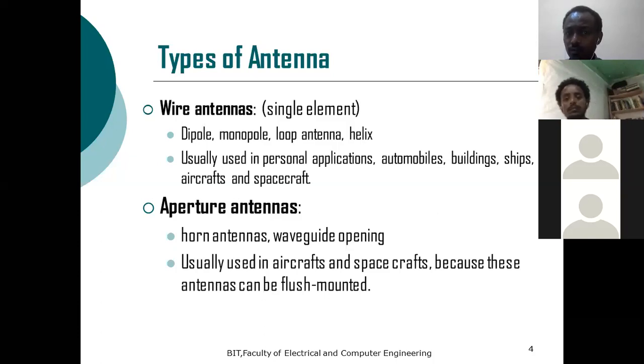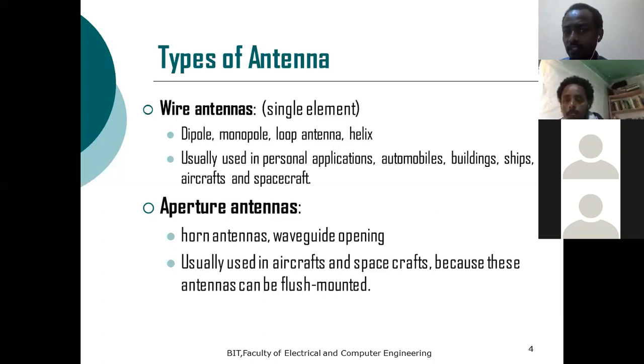Let's use the common way of classifying radiating elements, that is, based on the physical structure. We can classify an antenna as a wire antenna, aperture antenna, reflector antenna, and so many more we will be discussing.